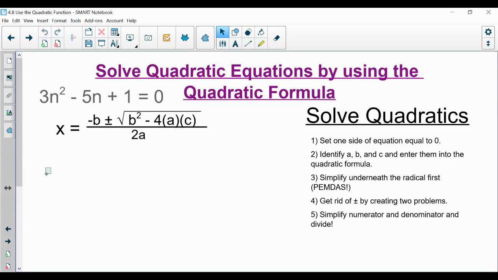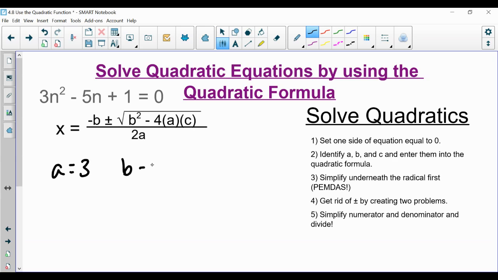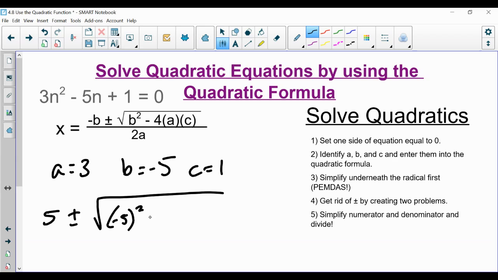So in this problem, the a term is 3, the b term is -5, and the c term is 1. We're going to go ahead and use the quadratic formula. We're going to plug in -5 for b. That would give us 5 plus or minus the square root of -5 squared minus 4 times 3 times 1, all over 2 times 3.